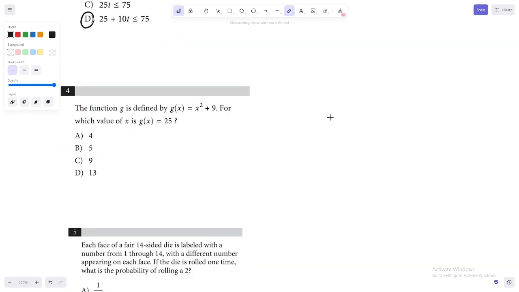Alright, in the fourth question, we are asked the function g is defined by g of x equal to x squared plus 9, for which value of x is g of x equal to 25. Now, functions basically, so say it's g of x, they take an x, and they return another number, g of x.